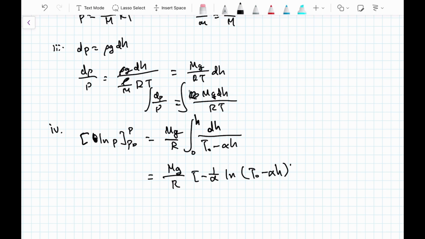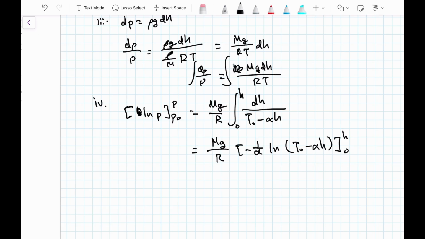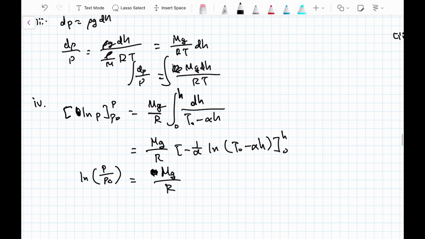Okay, and then h0. On the left side, we should have ln of P over P0, and on the right side, we should have mgR, and what we have inside should be minus 1 over alpha ln of, okay, this minus that.